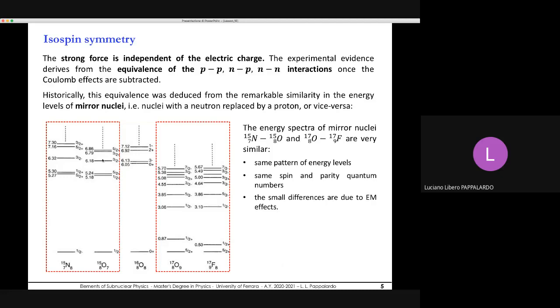They are not exactly the same, and these few differences are only due to electromagnetic effects. Whereas if you take a similar object, which is oxygen 16, you see that the pattern is completely different. So in other words, if we swap protons and neutrons, the strong force essentially does not notice it.